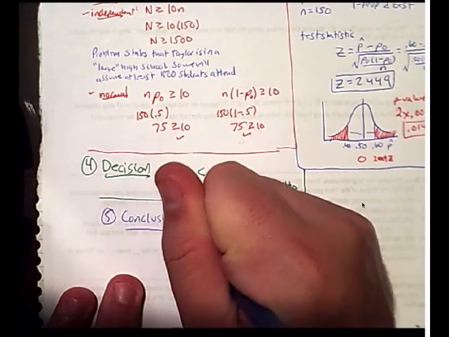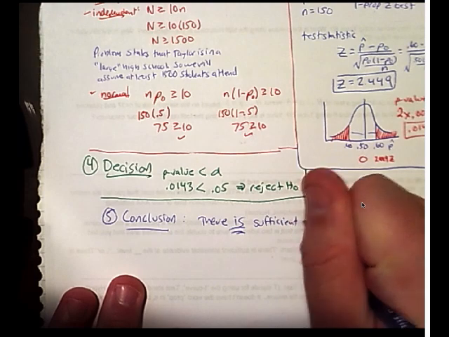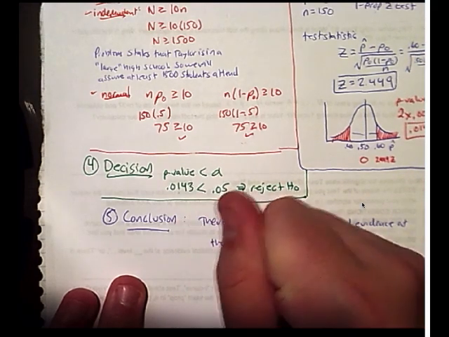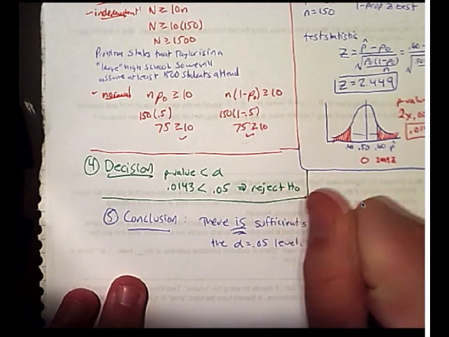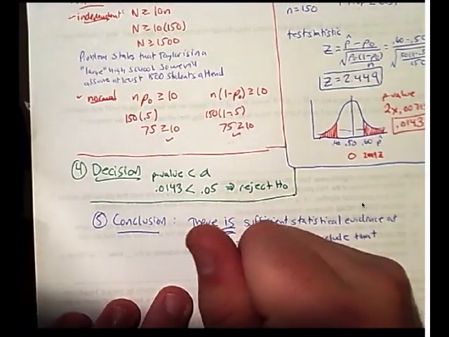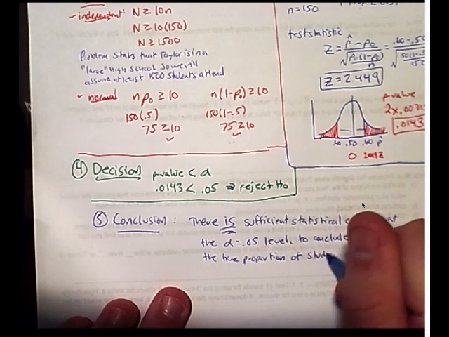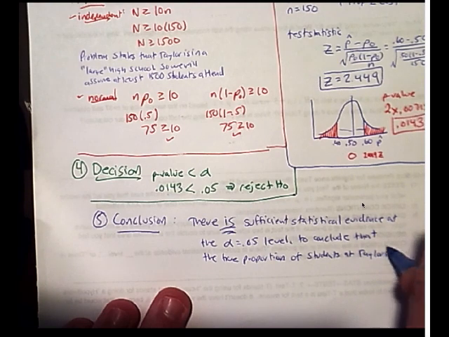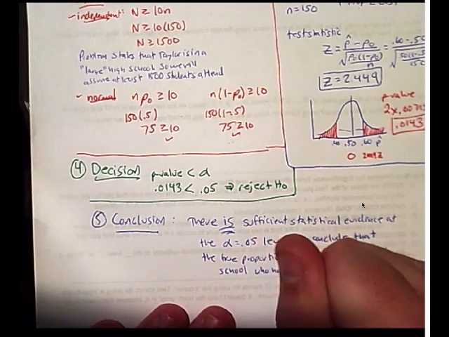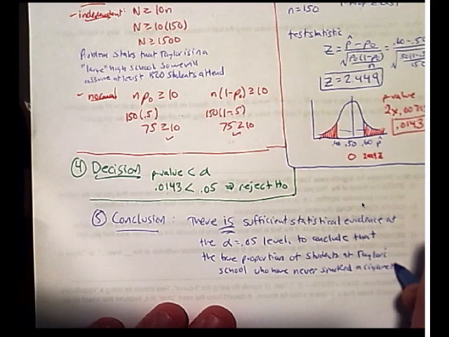And here's how I would write it. There is sufficient statistical evidence at the alpha equals 0.05 level to conclude that the true proportion of students at Taylor School who have never smoked a cigarette, what are we going to conclude?